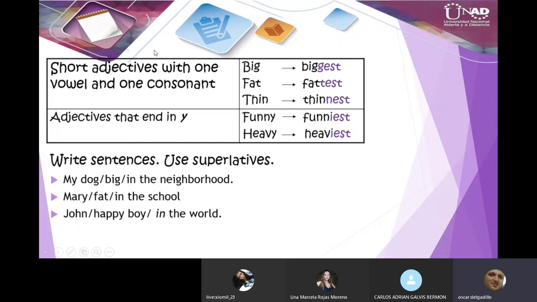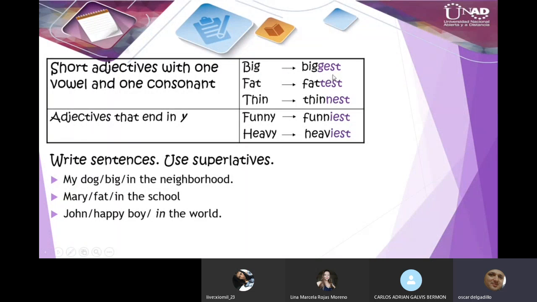This rule is similar to the rule that we have with comparative adjectives. If the end of that adjective is vowel and consonant, we double the consonant.